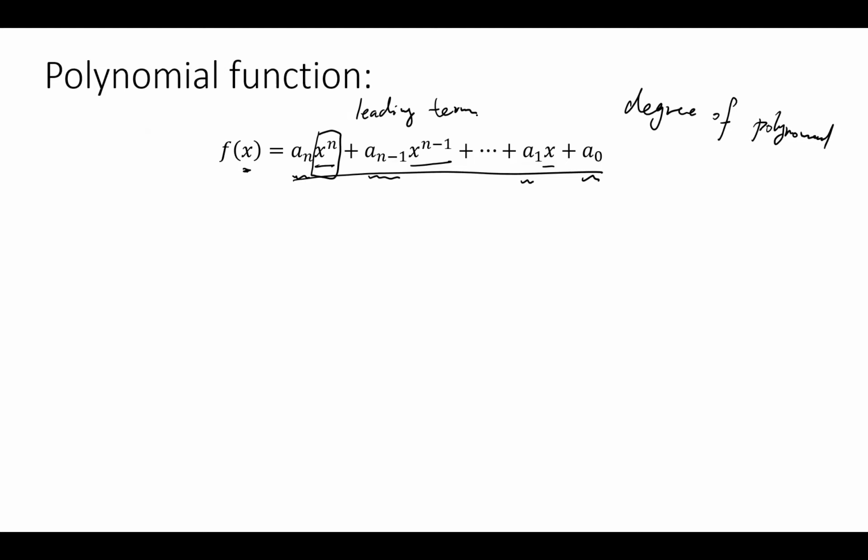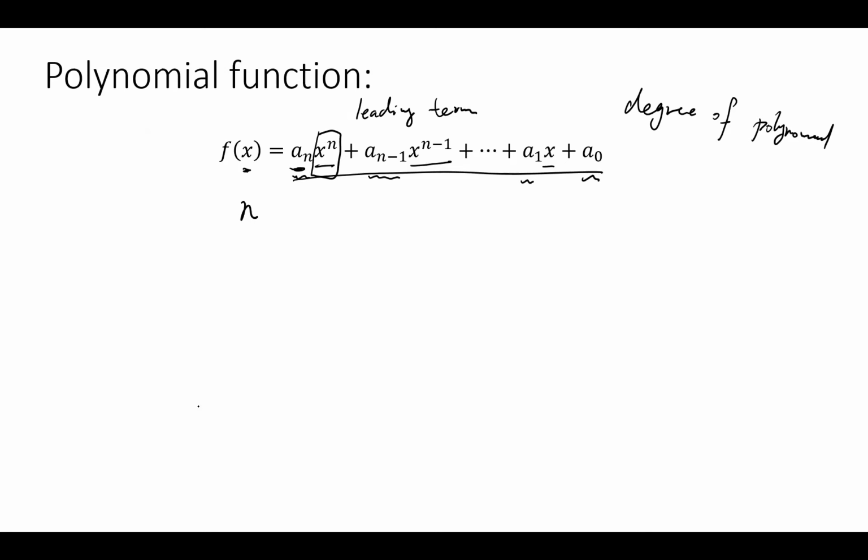That's why we call a_n the leading coefficient, and this is the leading term. As for n itself, it is a non-negative integer. It is called the degree of this polynomial function, right? And we have the different coefficients here. So again, its basic building block is still a power function.